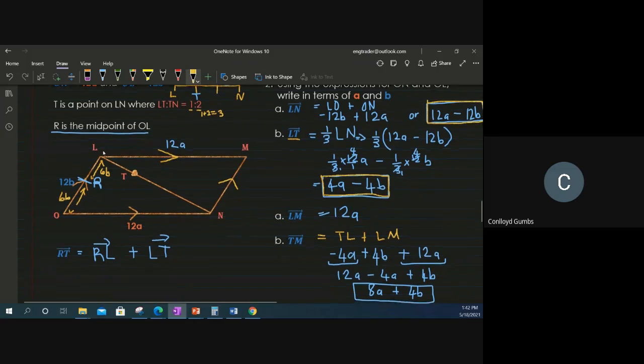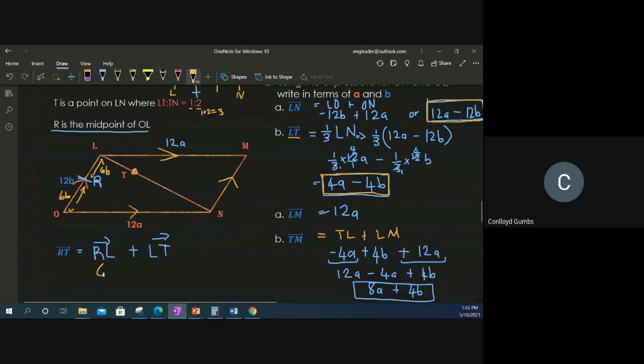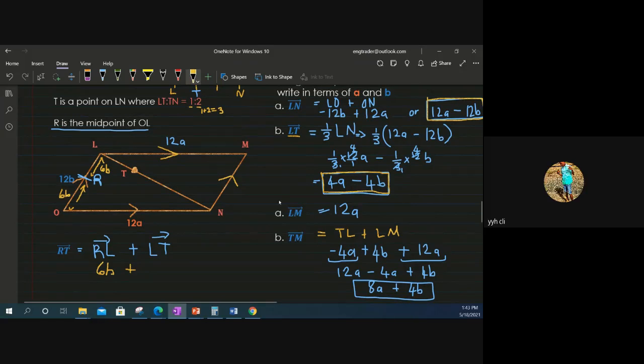So that means R to L is 6B, and L to T, we already worked that out, which was this. Even if they don't give you 6B, you could make that yourself. Look at this: if R is the midpoint of OL, I know that OL is 12B, right?